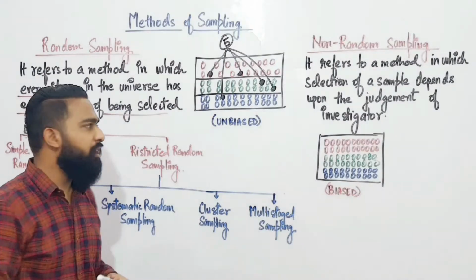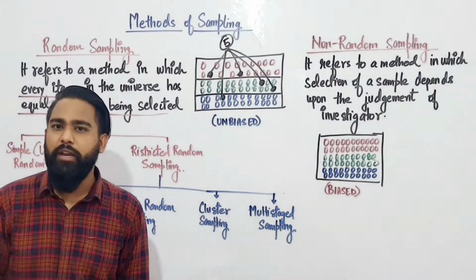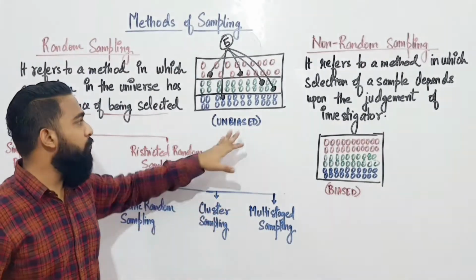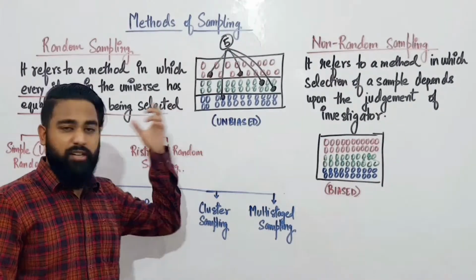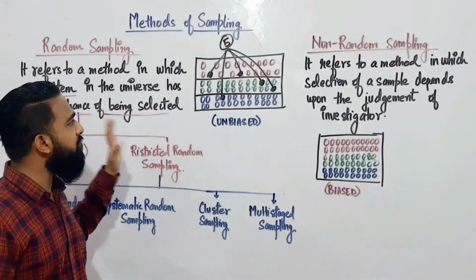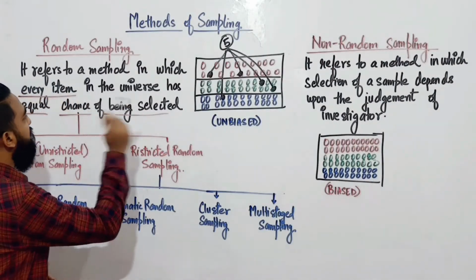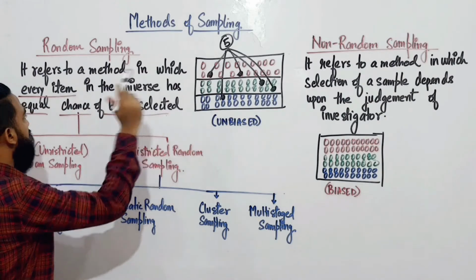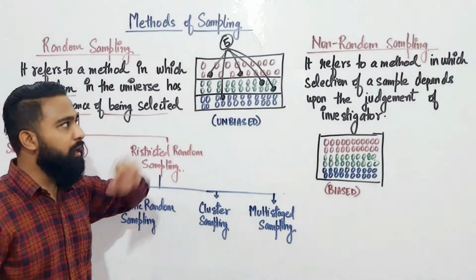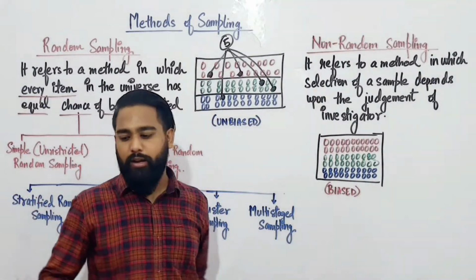Was I judgmental? Was I biased? No, I wasn't biased. Instead, I was unbiased and I wasn't judgmental. I didn't judge anyone, and therefore each and every element of this universe had an equal chance of getting selected. Understood?